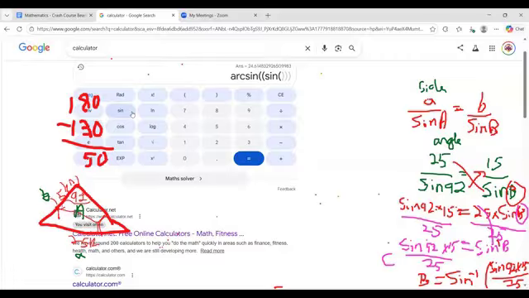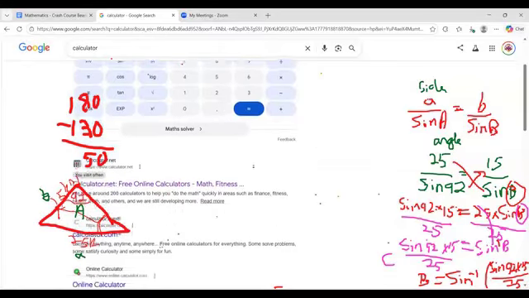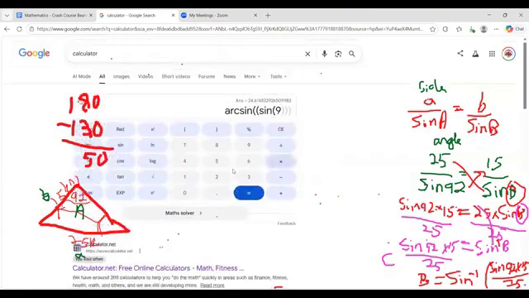So sine 92, multiply by 15, divided by 25. I think I have enough brackets. We have this already bracketed, then this bracket for the numerator, and then the third pair of brackets for the full thing. Okay, so it's good.